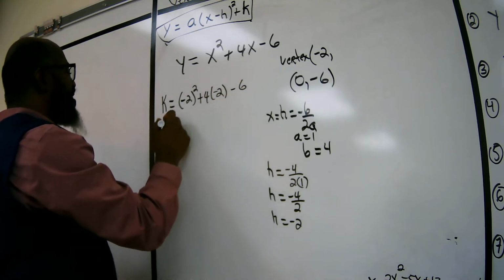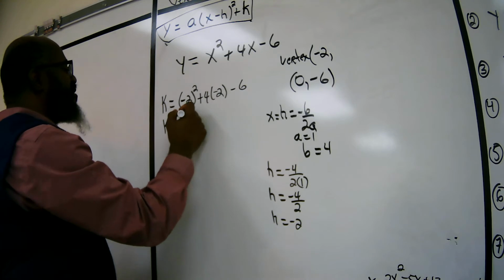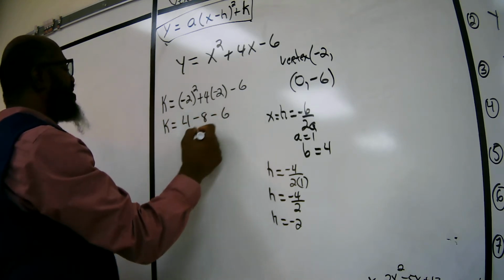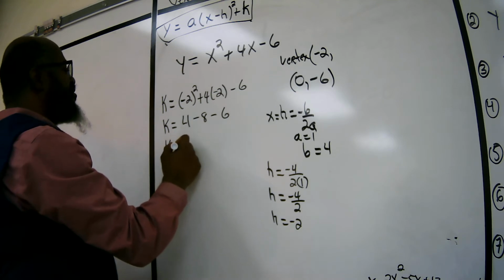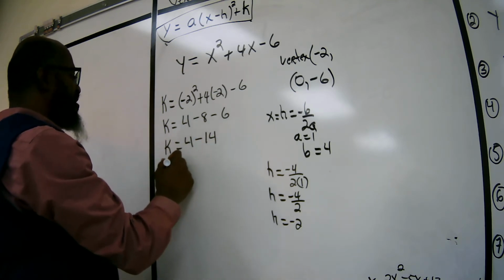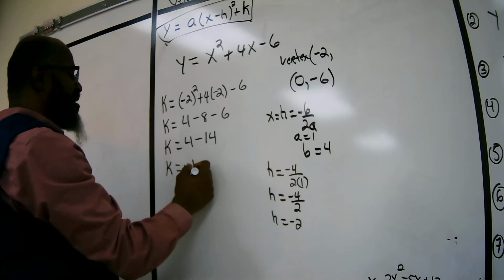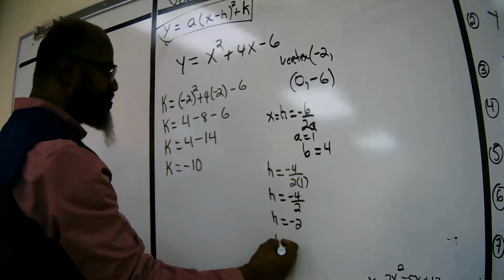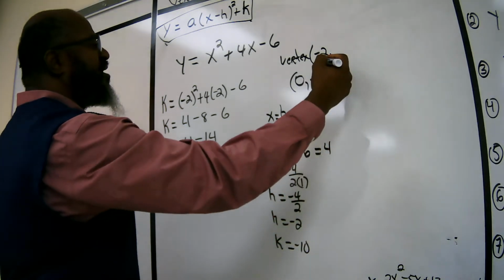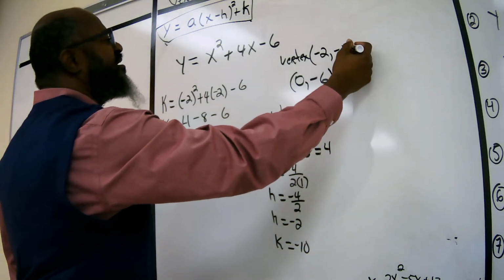Then you evaluate that. k equals negative 2 squared is 4, minus 8, minus 6. I will have k equal 4 minus 14. In this case, k is negative 10. Then this is your vertex, negative 2, negative 10.